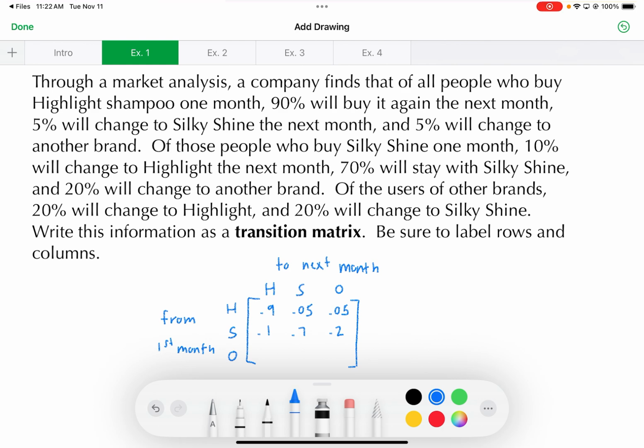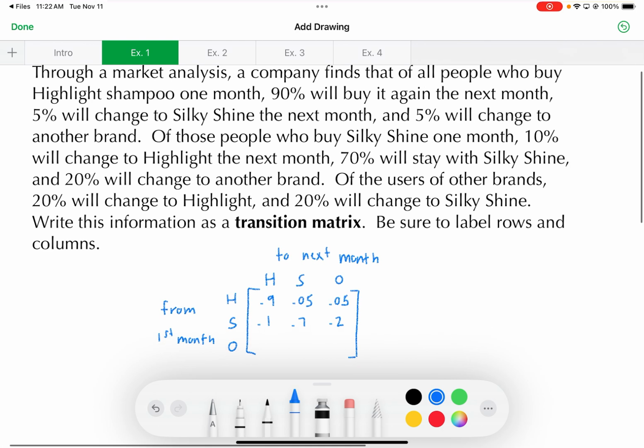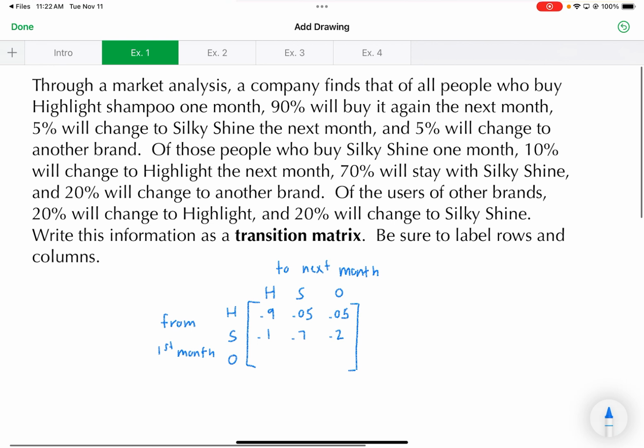Okay. Of the other brands being used, 20% are going to change to Highlight. So you go from other to Highlight, 0.2. 20% are going to change to Silky. So that's another 0.2. And what percentage is going to stay with their other brand? 60%, right?